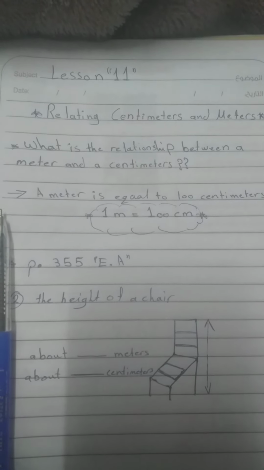We have to do the opposite. Now, we know that 1 meter equals 100 centimeters. From centimeters to meters, we have to divide. Now, 200 divided by 100 equals how many? 2 divided by 1, 2 meters, okay?